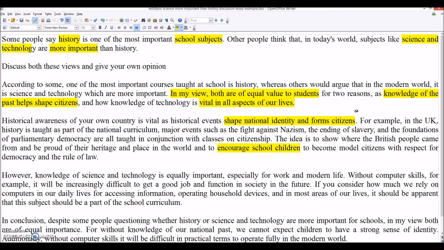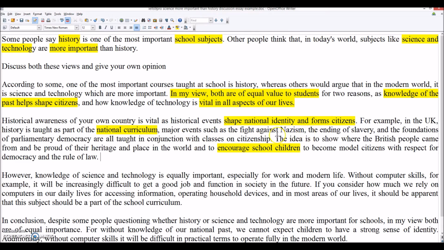So that's the main idea there. History should be taught in school because we need to know where we came from. For example, in the UK, history is taught as part of a national curriculum, again linking to those key words.